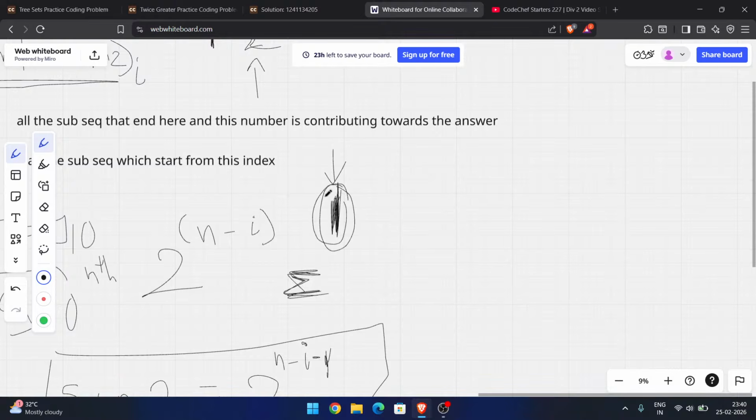If I have chosen this number, then what is the next number I can choose so that the answer is included? If 1 is included, then the next number should be greater than or equal to 3. So the next number should be at least 2 times the ith number.